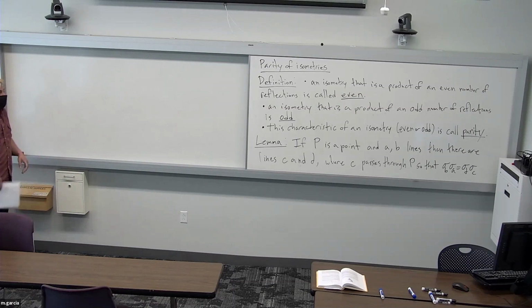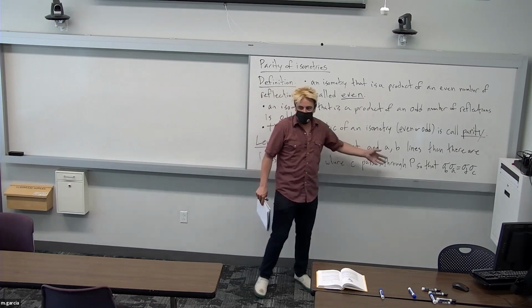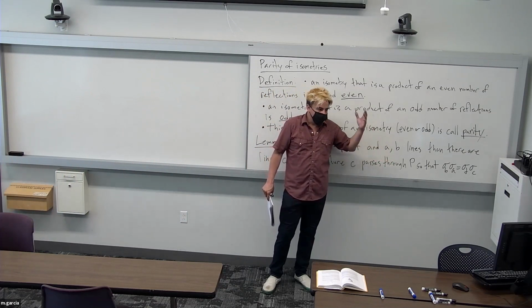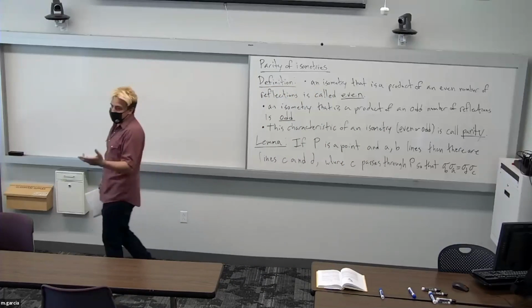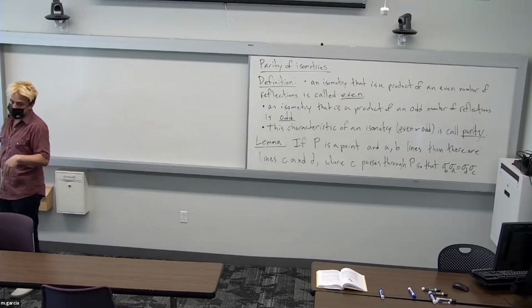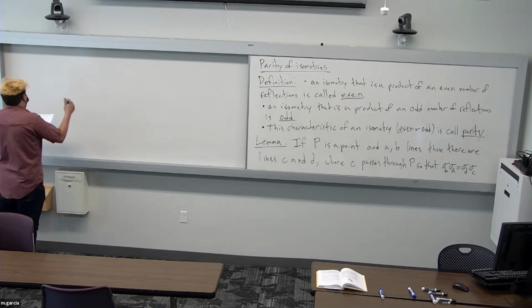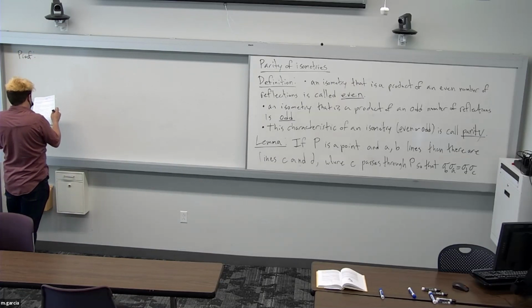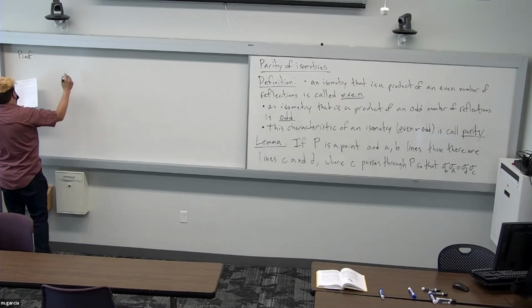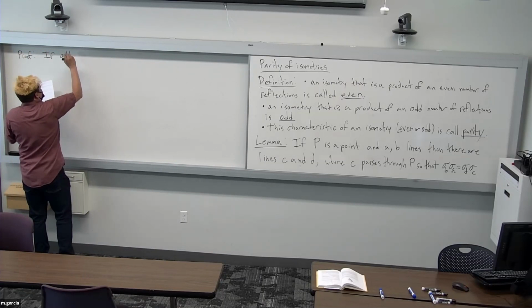So again, we're given two arbitrary lines, A and B. That means that there's two cases we have to consider, right? If A and B are parallel, or if they intersect. Okay, so proof. Let's first assume A and B are parallel.